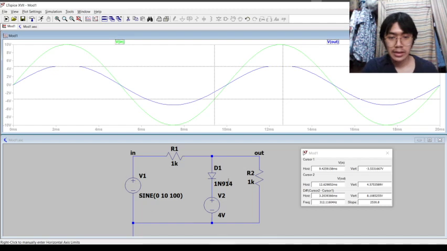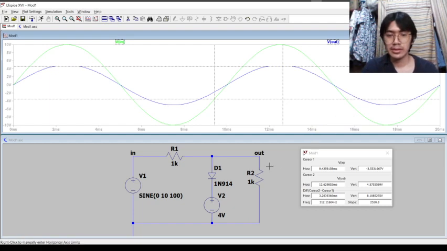So again, the voltage that we add as a bias to our clipper must be less than the maximum output of the circuit.